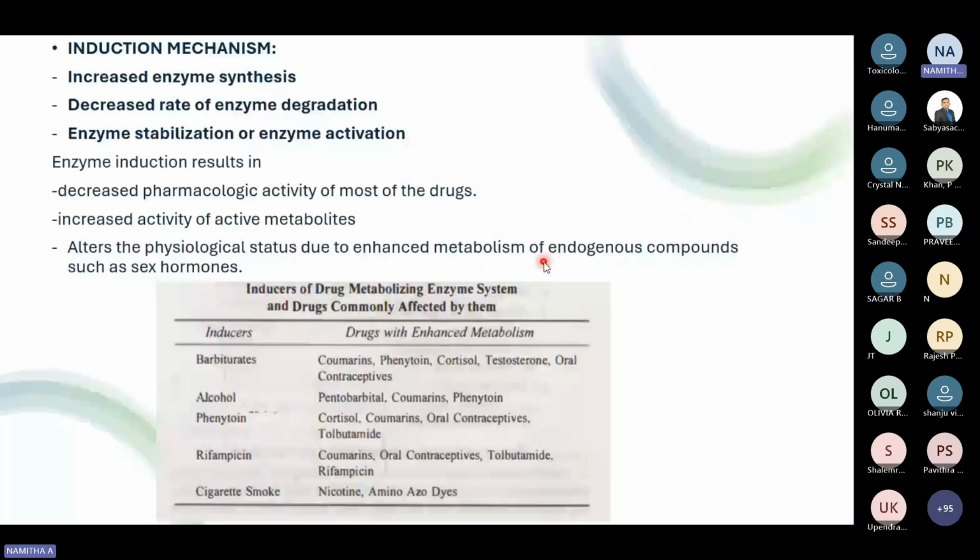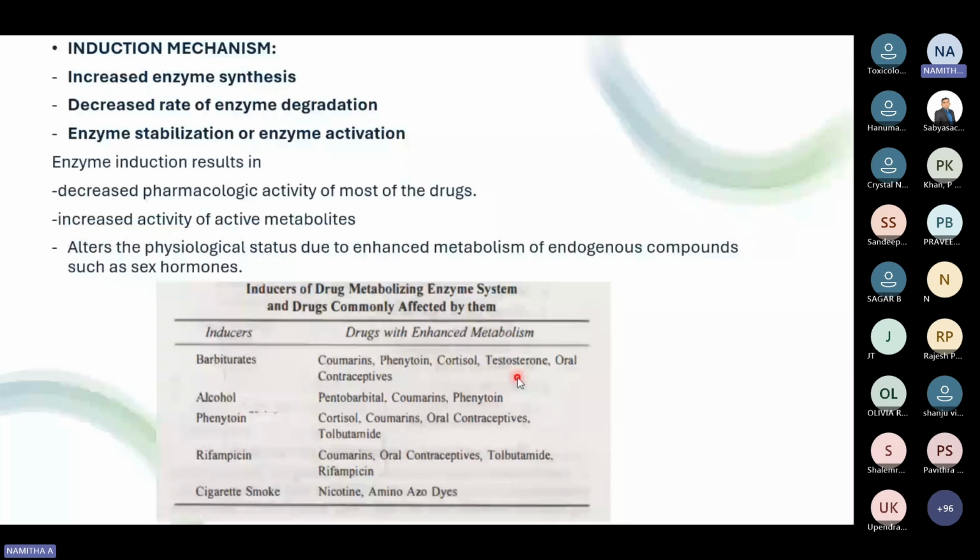Coming to the examples, there are certain inducers that cause the drugs to have enhanced metabolism. That means when the inducers are present, these drugs are metabolized faster. So when you take barbiturates, coumarins, phenytoin, cortisols, testosterone, oral contraceptives, they are metabolized faster.